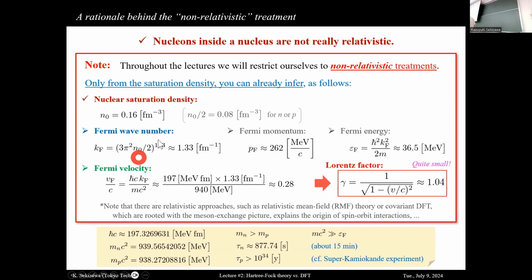To relate the density and the Fermi wave number, I assumed that the neutron and proton densities are half of the saturation density, n0/2. So this is just because of the density of neutrons and protons. And here I just introduced why the non-relativistic treatment is justified. Throughout my lecture, I use the non-relativistic treatment.